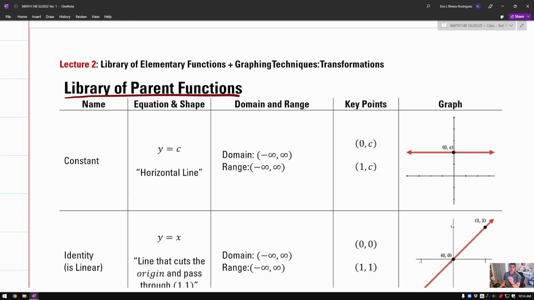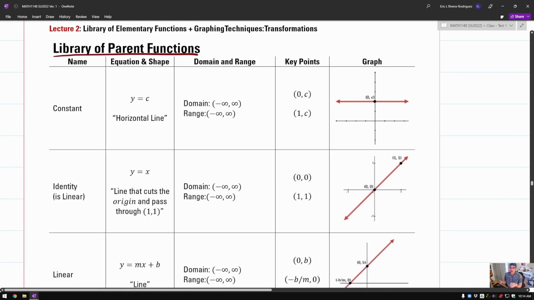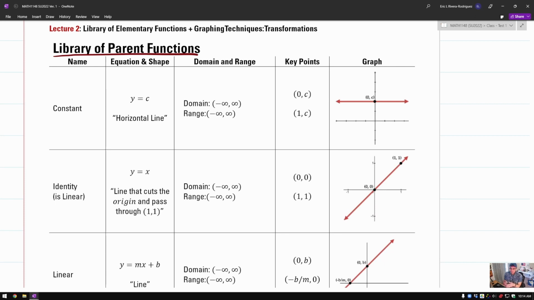I'm asking you to know that this is going to be important because our work is going to be based on functions. And the library of parent functions is going to give us those basic properties of the different functions that we are going to be studying, that are going to be very important for analyzing different scenarios and situations.